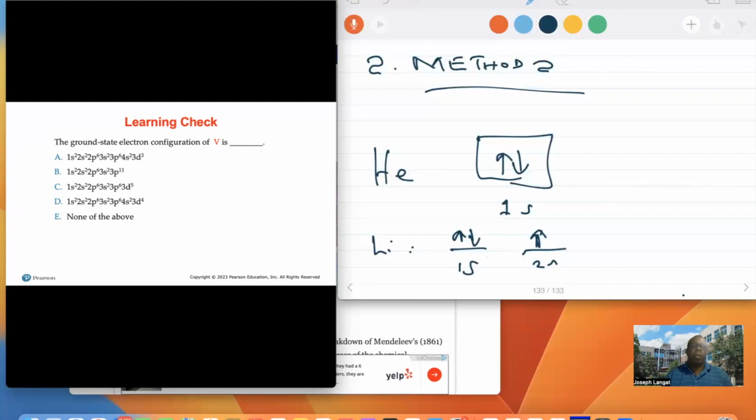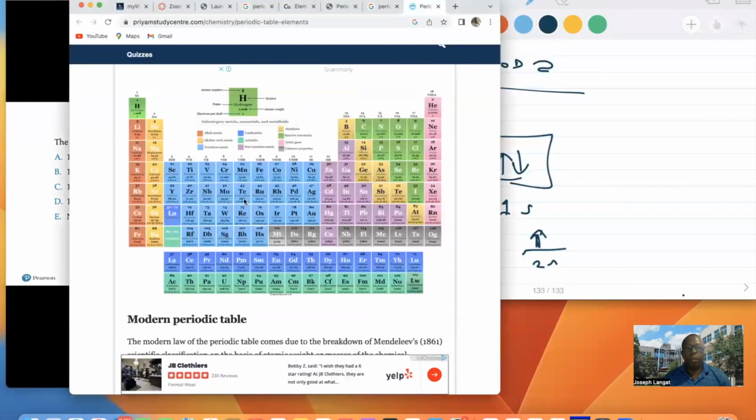Learning check: ground state electron configuration for V is what you need to know. What is the element represented by letter V, as in Victor? On the periodic table, we learned this before, and I know you remember, this is vanadium, number 23.